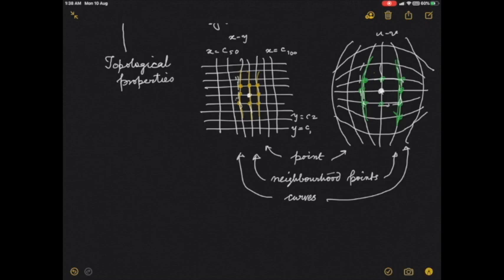And the second thing is that the neighborhood curves remain as neighborhood curves. It also has the nice property that if this is continuous and differentiable, this is also continuous and differentiable. So these two are said to have the same topology.